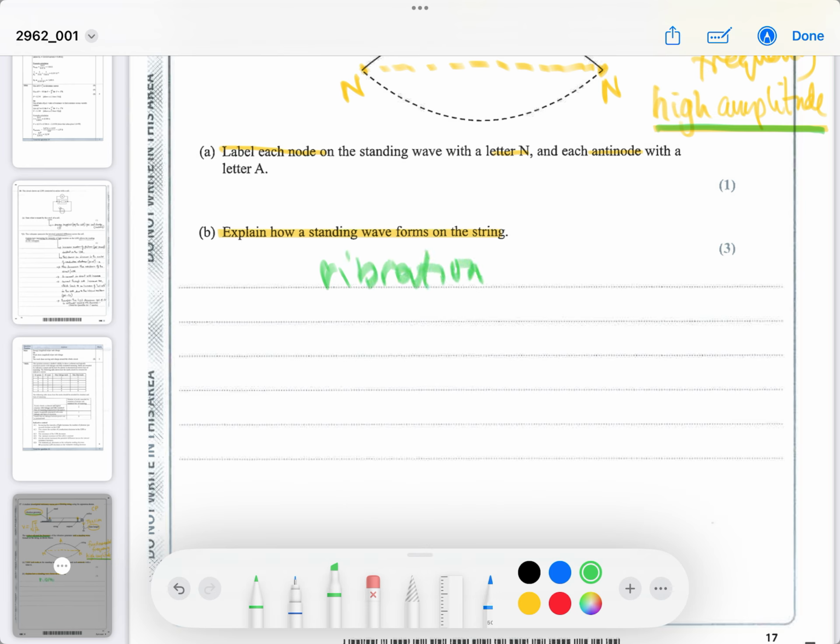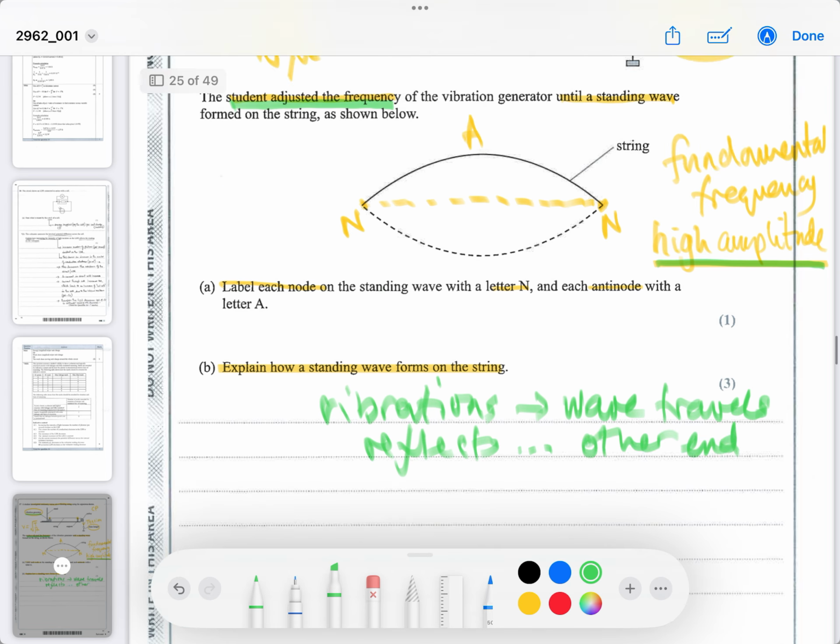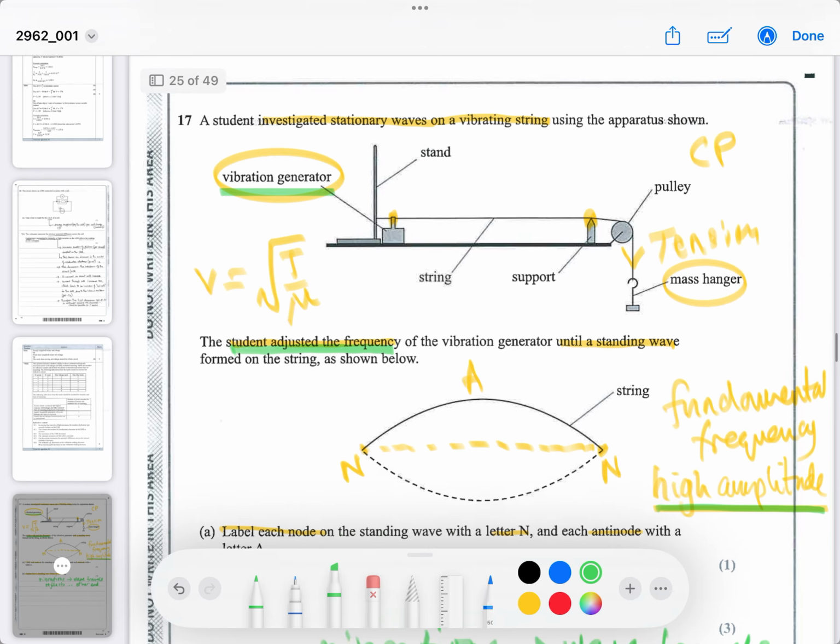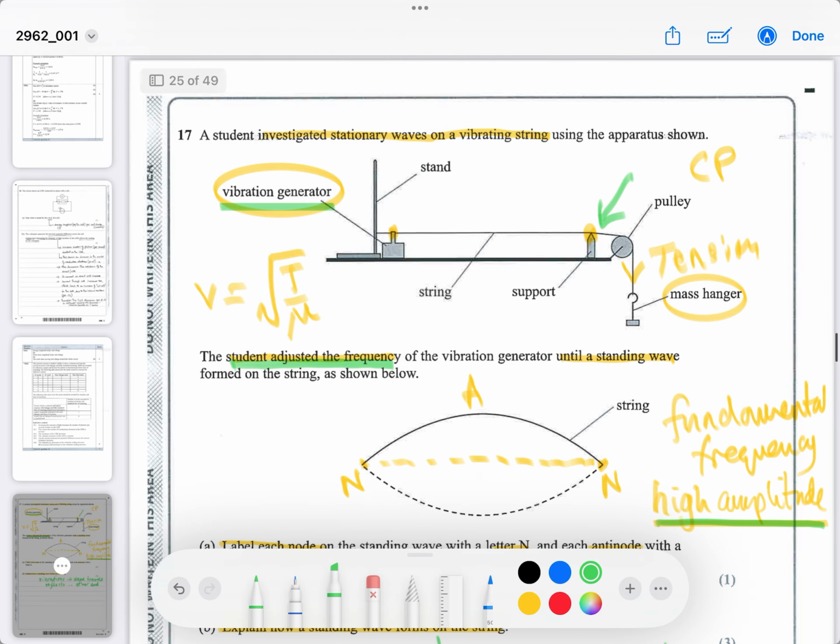So the vibrations are a wave, and the wave travels along the string. And what does it do? You then need to say it reflects. Where does it reflect? At the other end. So you've got the original wave and the reflection at the other end, so it's going to reflect at the other node, the point of the other node.